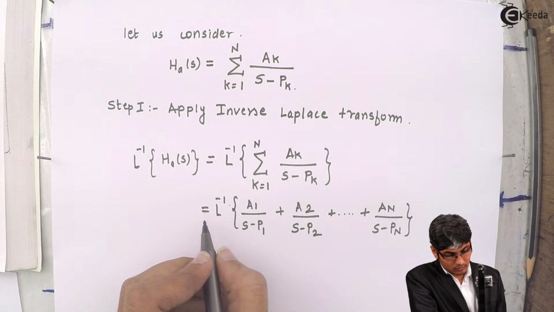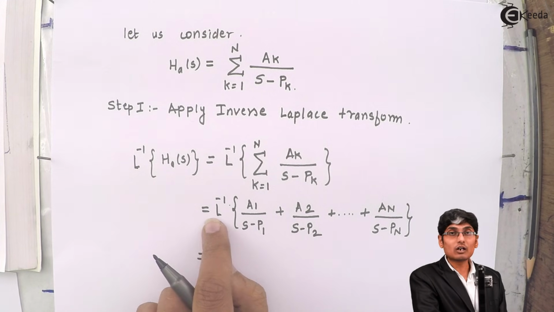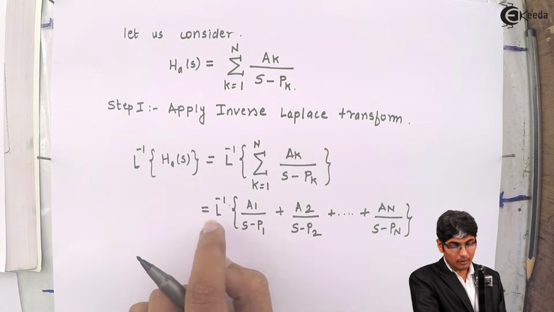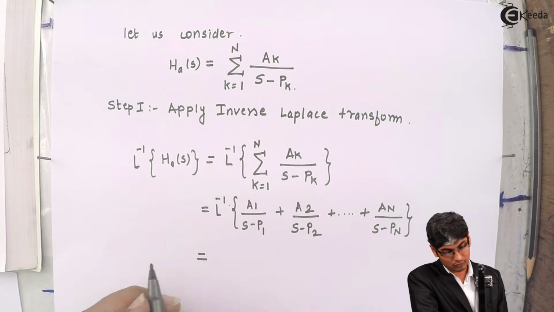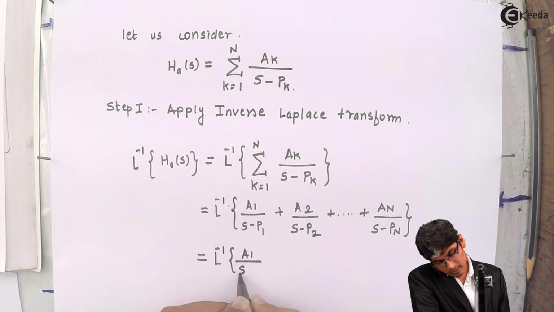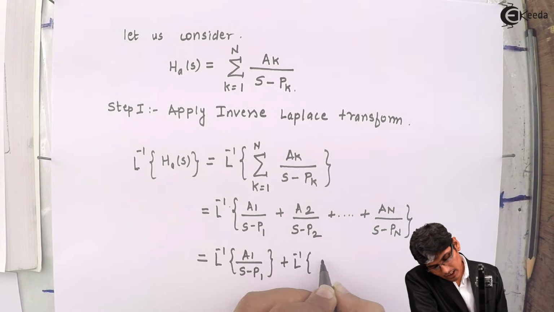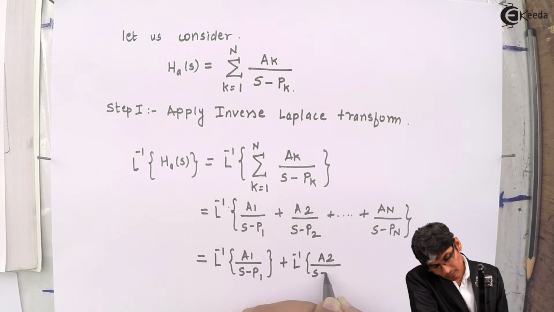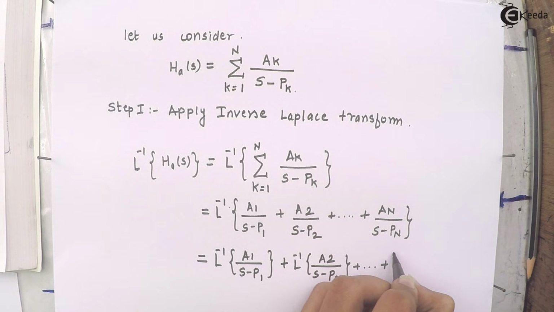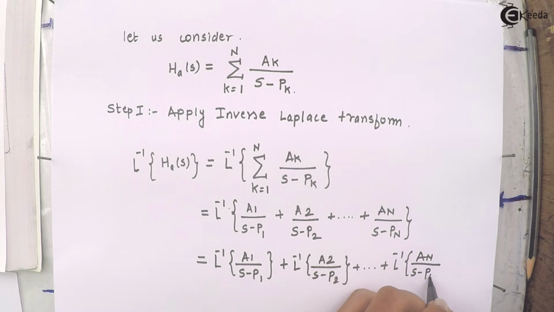Okay, now because Laplace is a linear operator, I can split this operator over the addition. That means I can write Laplace inverse of this quantity plus Laplace inverse of this, and so on and so forth. So I'll write it like that: Laplace inverse of a1 upon s minus p1 plus Laplace inverse of a2 upon s minus p2 plus so on till Laplace inverse of an upon s minus pn.